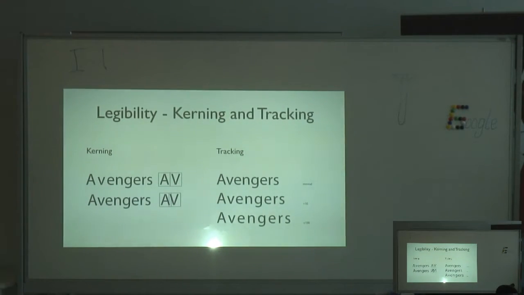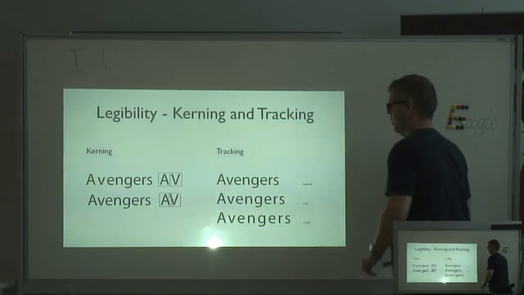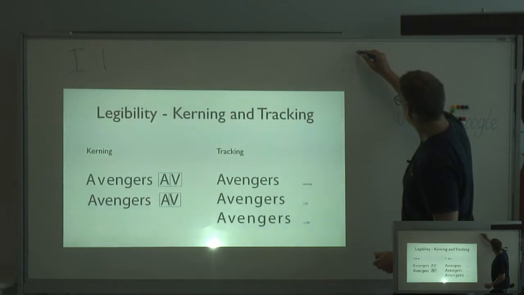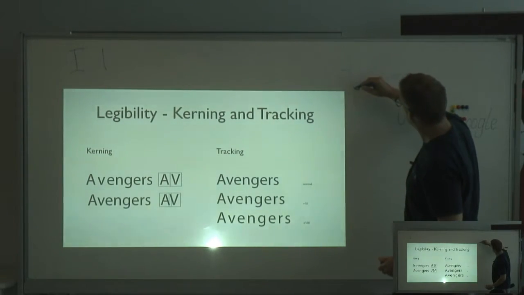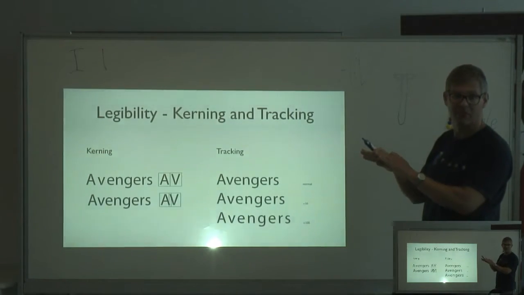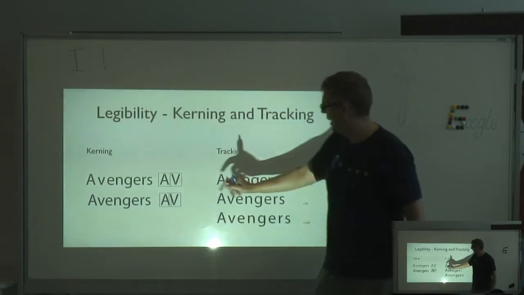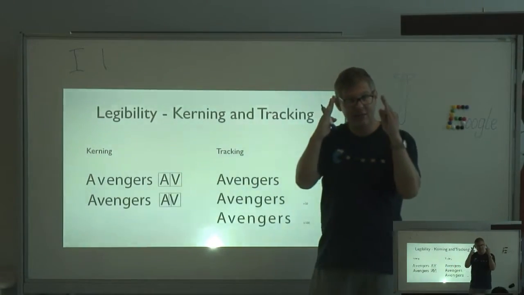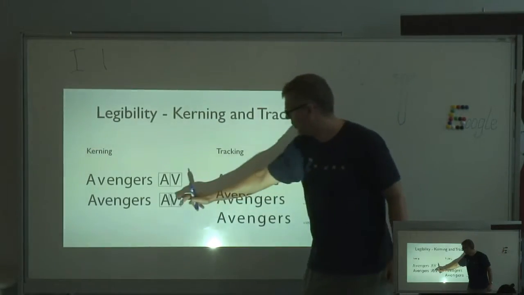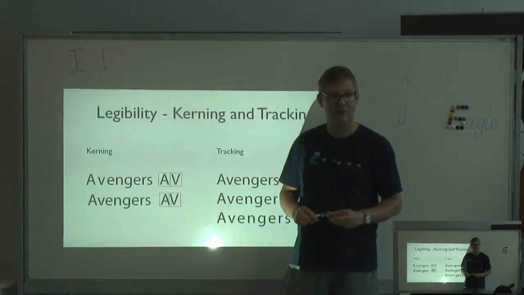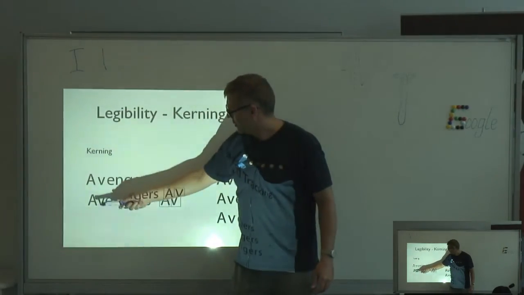If you've got an A and a V coming up in a typewriter, the only way a typewriter can do it is to place them one after the other. It cannot overlay them, right? But that's what you want, because otherwise the gap is too big between them. A and V have to be closer together to avoid this, you see it here, Avengers. There's far too much space there, right? So you want them closer together.